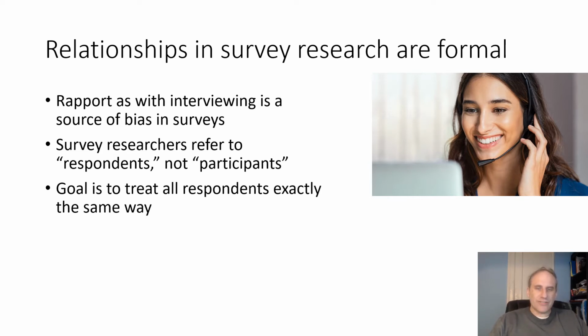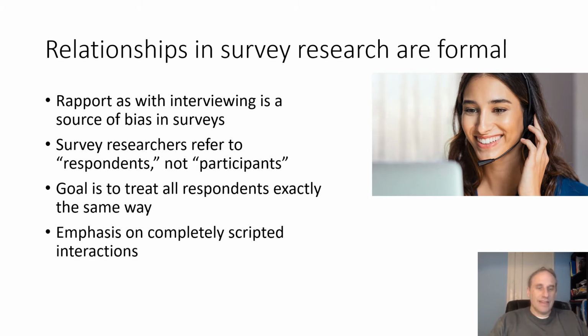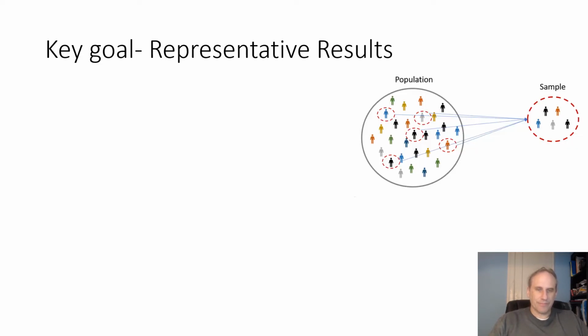The goal is to treat all respondents exactly the same way, same tone of voice, same questions asked, everything as similar as possible. The emphasis is on completely scripted interactions. One reason why computer surveys done over the phone have tended to give relatively accurate responses, since when you have human beings, they're in many ways encouraged to be nearly robotic in their approach to answering questions and asking them.